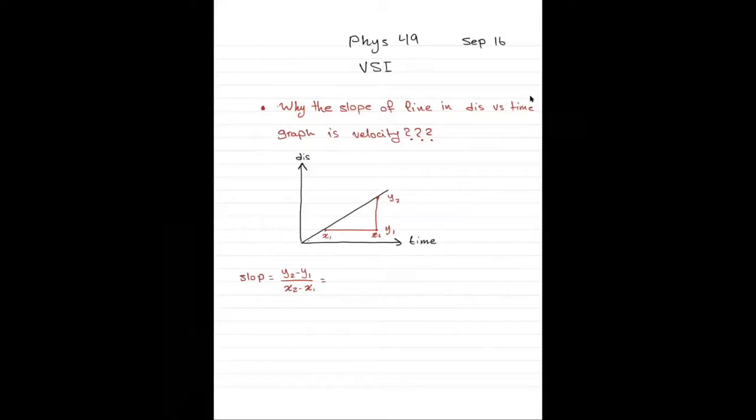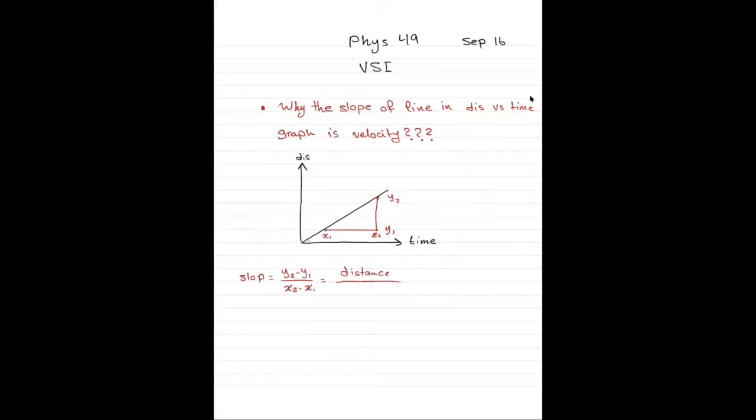The difference in the y, based on our graph, would represent distance, because we represent distance on our y-axis. So any difference between two points along the y-axis would represent distance covered.